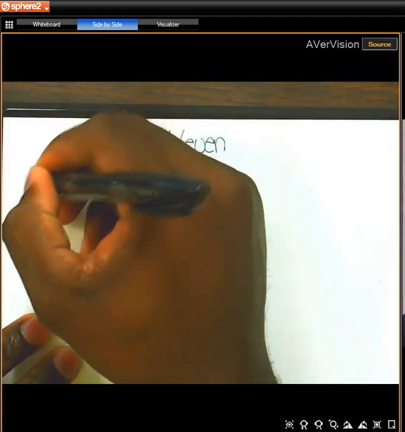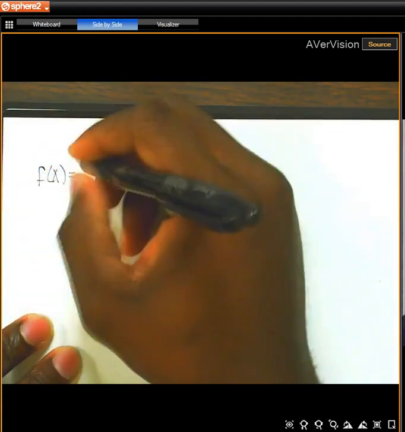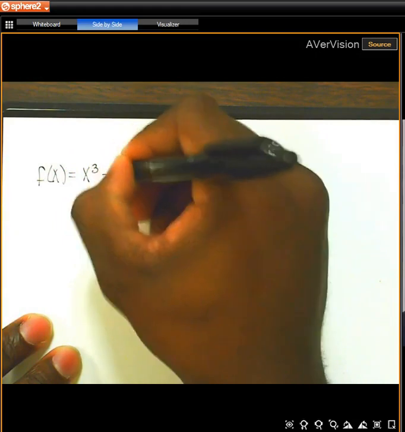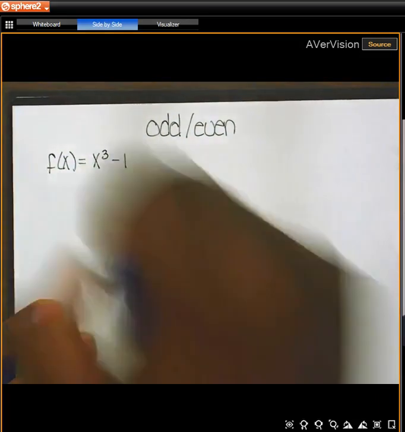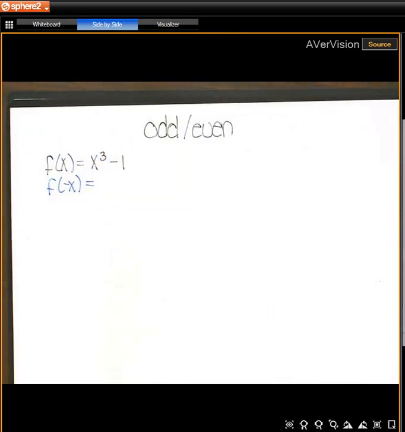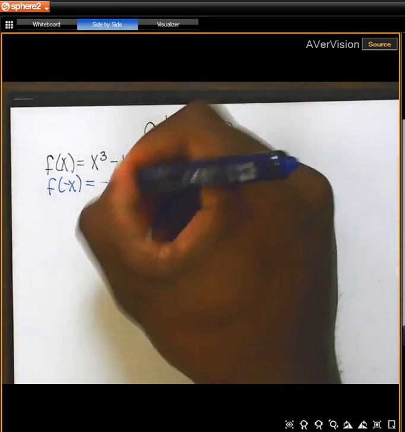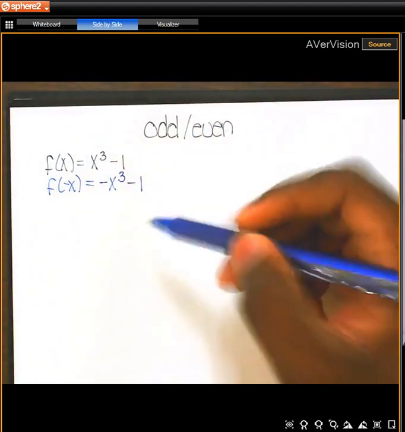Let's try one more example. What is f of negative x? Is that equal to this?